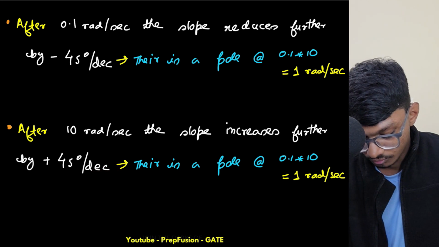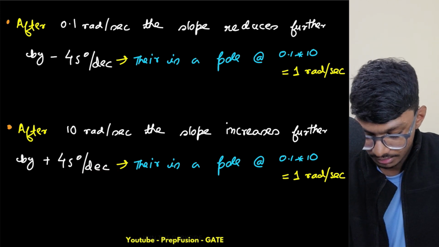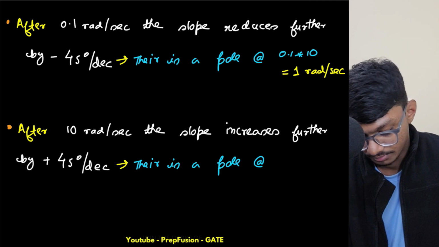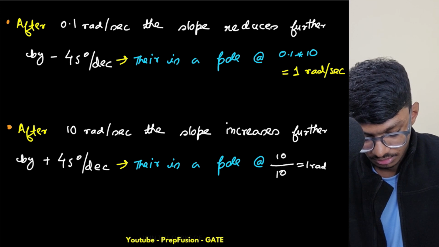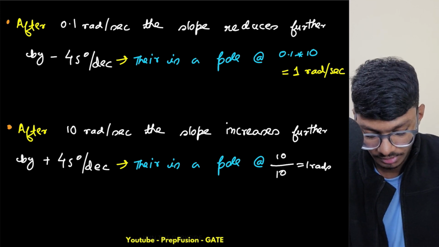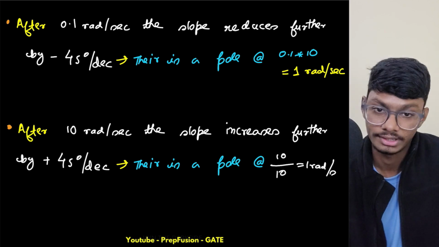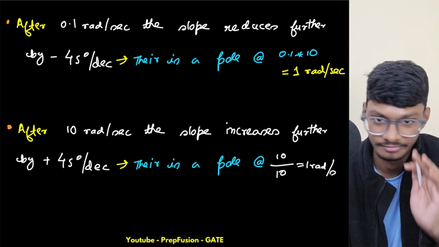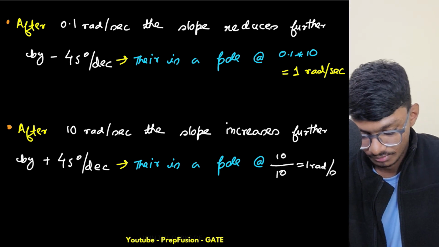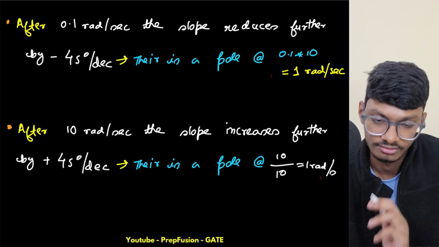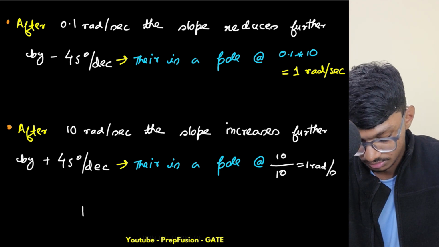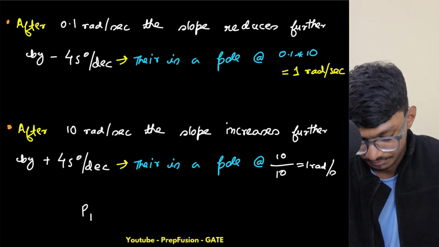So here what does this mean? There is a pole 10 times before this 10 radian per second, so 10 times before this. Now luckily both of them come at the same location, or else the calculation would have been difficult. So obviously from these two cases I can cross verify that my pole omega P1 will be equal to 1.